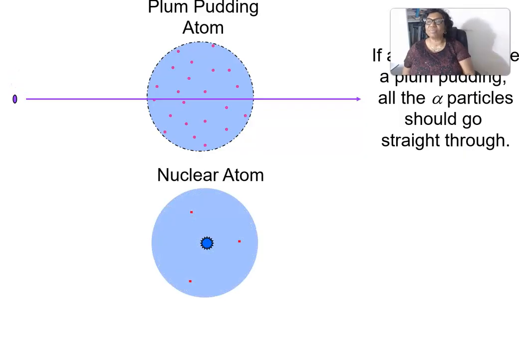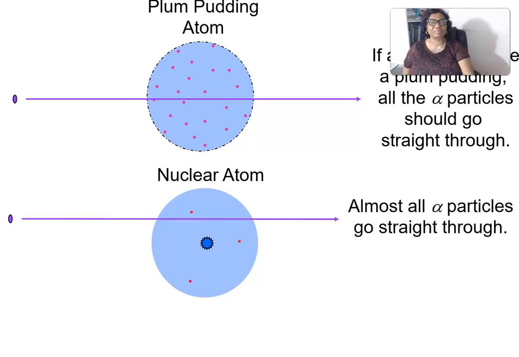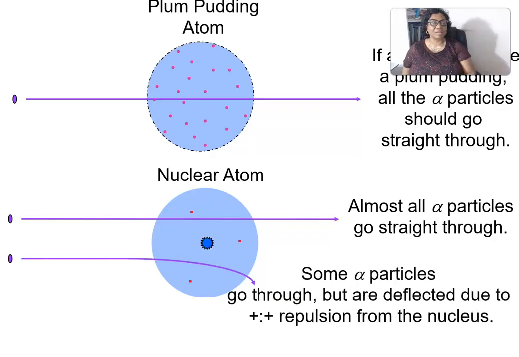But almost all alpha particles went through straight. But some alpha particles went through but were deflected due to positive repulsion from the nucleus. So it means this is not how the protons and the electrons are arranged in an atom.